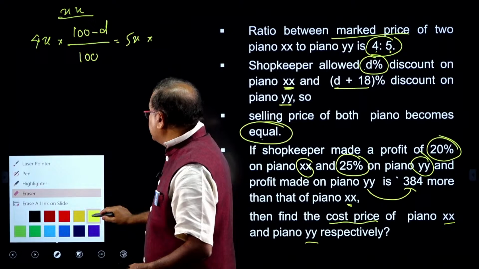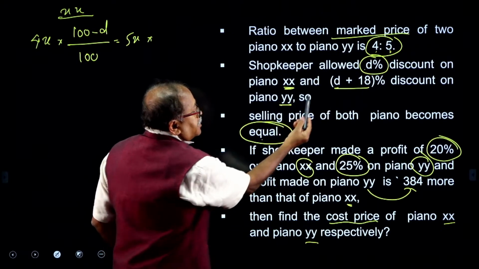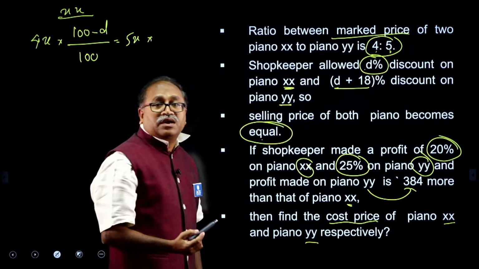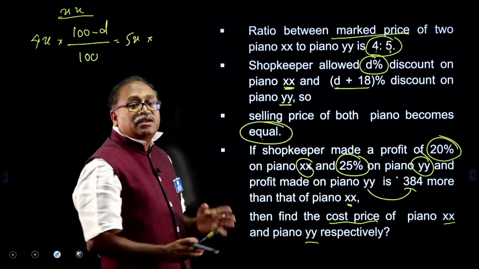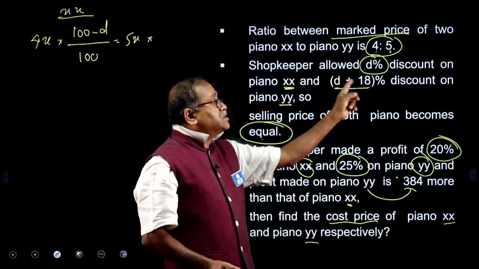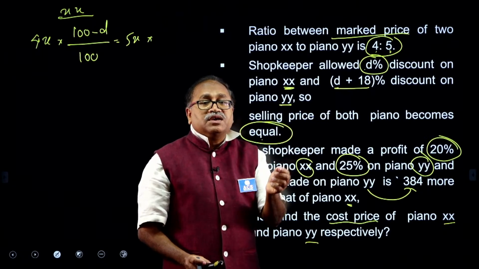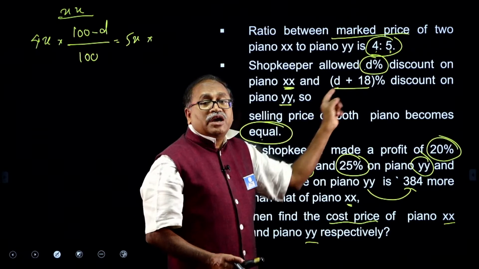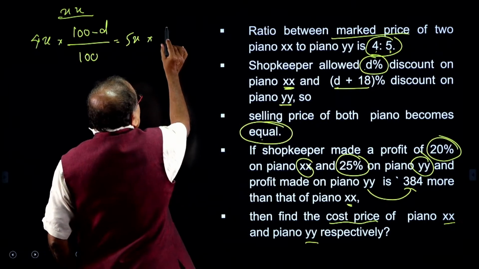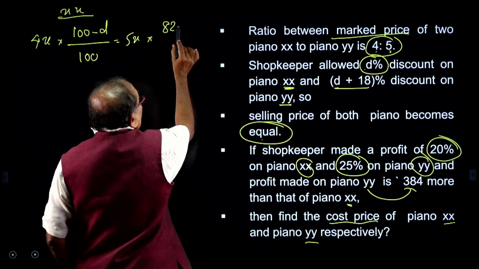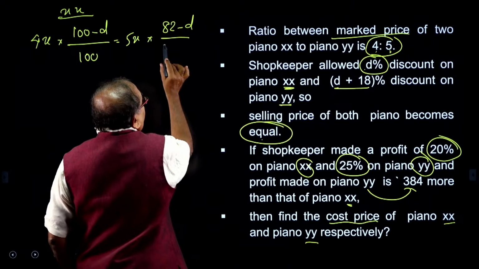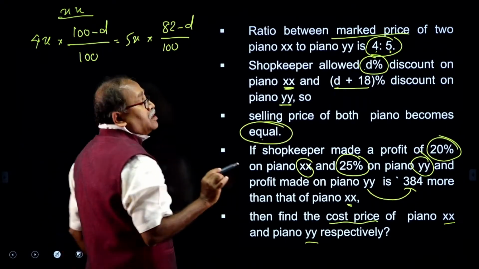We have to replace those values, 100 minus D minus 18. So, can I directly write 100 minus D minus 18, that means 100 minus 18, that comes 82. So, 82 minus D. I will be directly writing over here 82 minus D by 100, these two are equal.